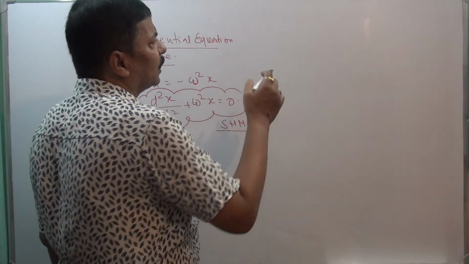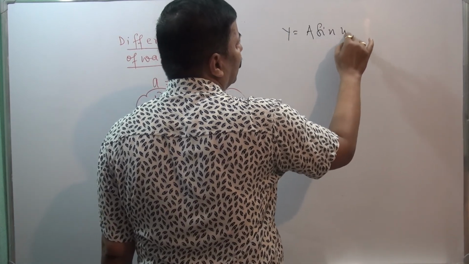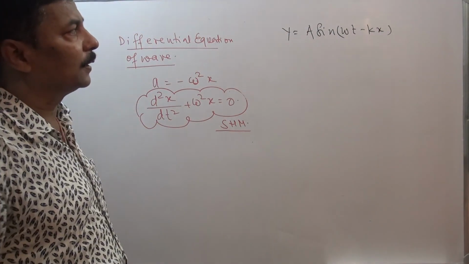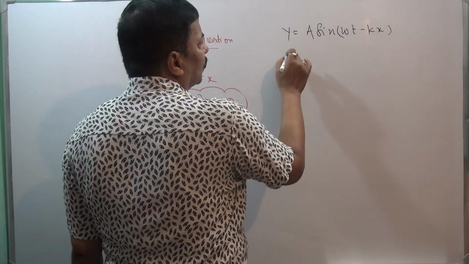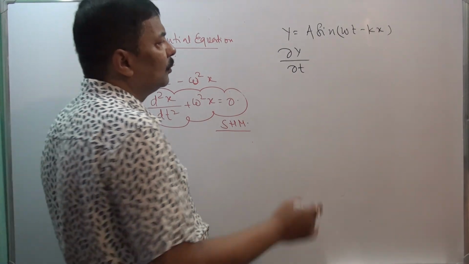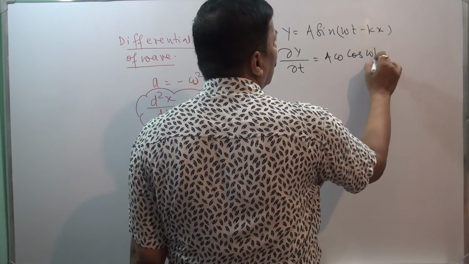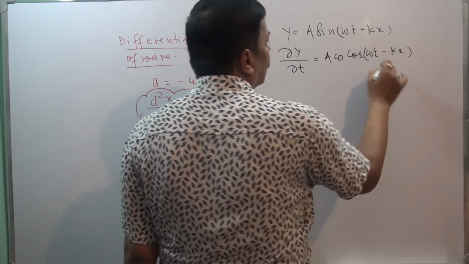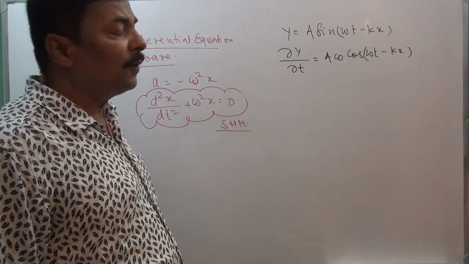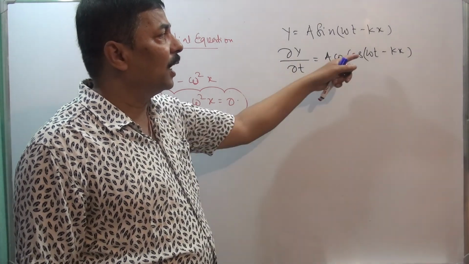Just now we have discussed y is equal to a sine of omega t minus kx. Wave is going in the positive x direction. Delta y by delta t gives a omega cos of omega t minus kx. This is the particle velocity. Here we have fixed x.